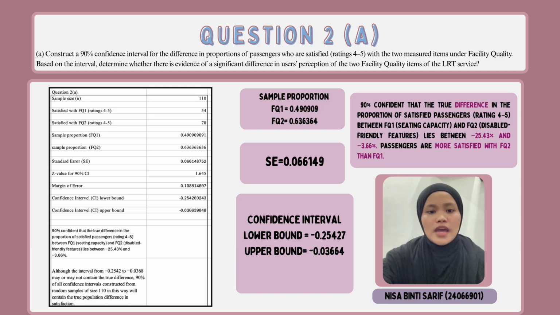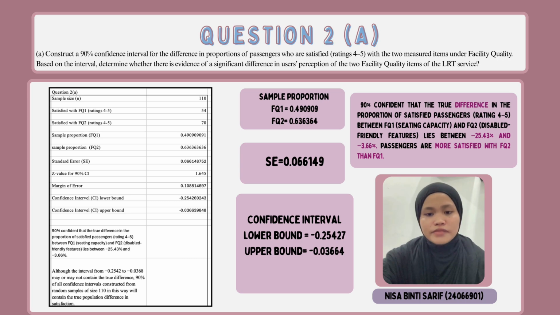0.066149. And the Z value for a 90% confidence interval is 1.645. To find the margin of error, we take the Z value times the standard error and we get 0.108815. Next, the confidence interval is sample proportion FQ1 minus sample proportion FQ2, plus or minus Z value times standard error.